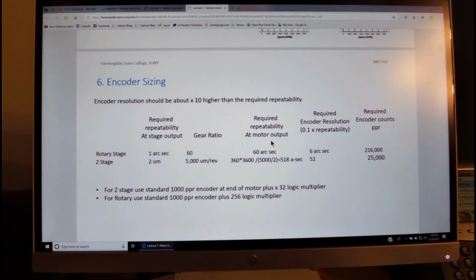Then we come into the encoder sizing, and we recall that we had 1 arcsecond repeatability for the rotary stage and 2 micron for the Z stage.